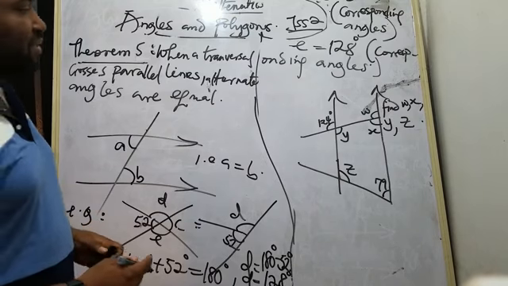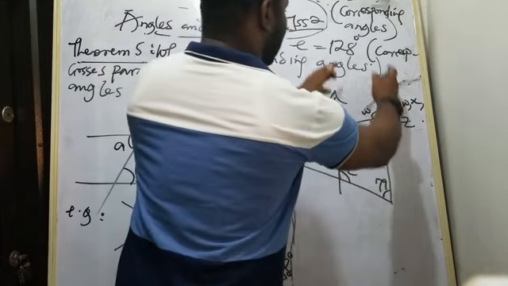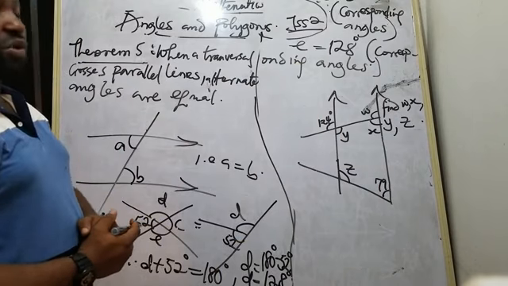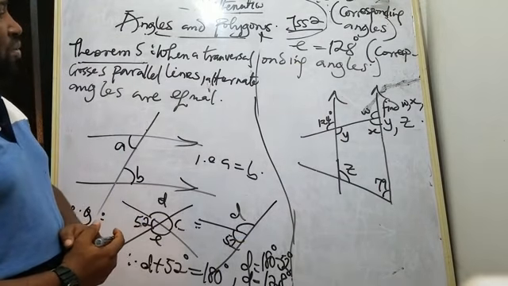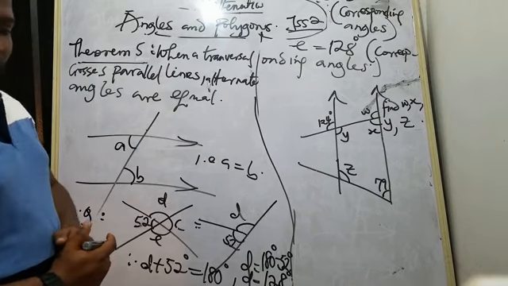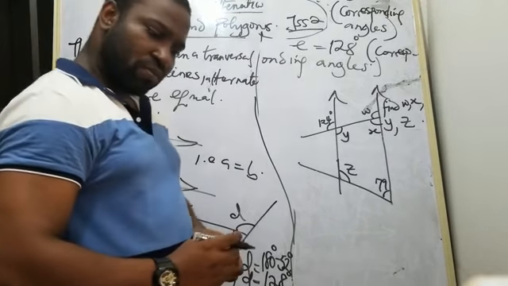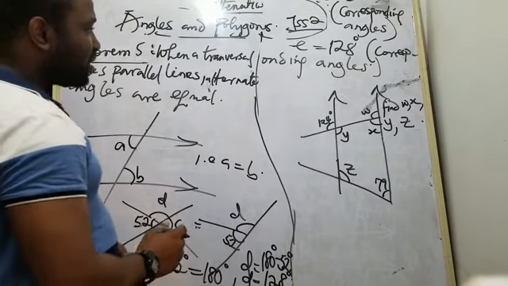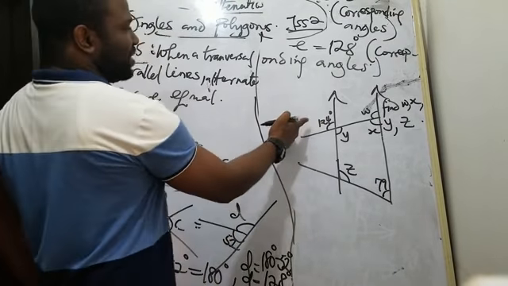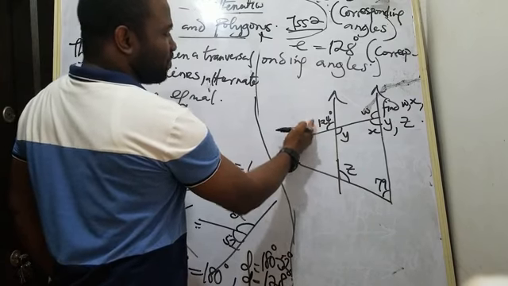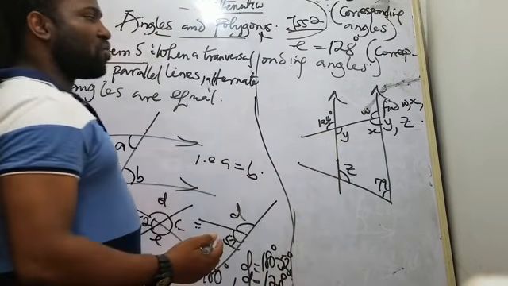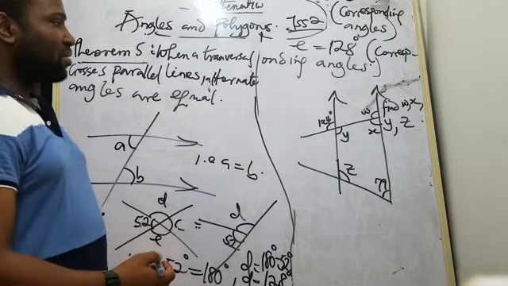Now look at this. These are corresponding angles. Yes or no? Now, if this place is 124, it means here will be what? 124 degrees. Alright?